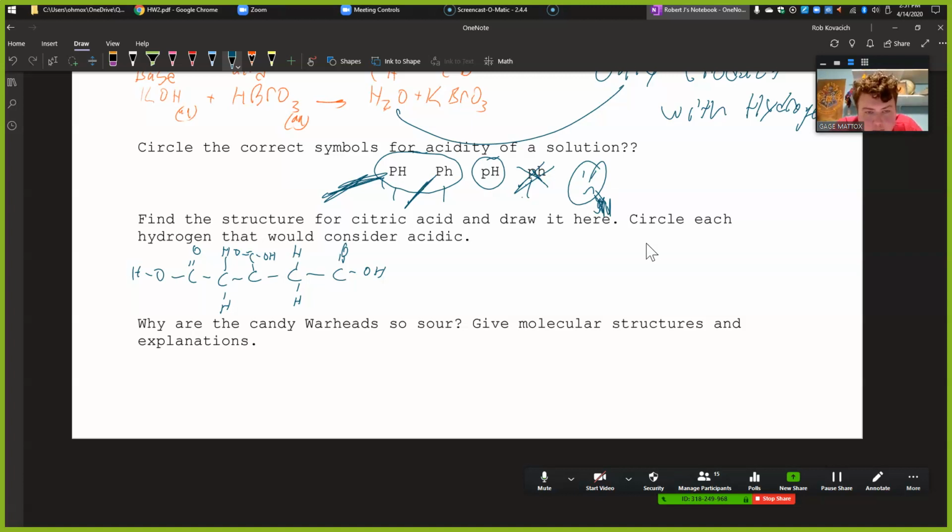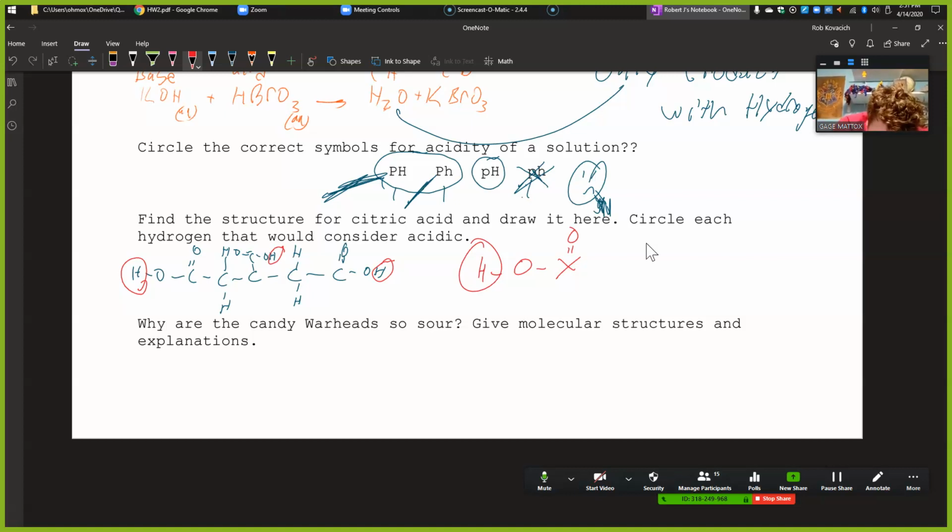So which one of these are acidic? The ones on either side. Anything else? The middle top one. That one is. So anything where there's an H, then an O, then a something that's doubly bonded to an O, that H will be acidic.